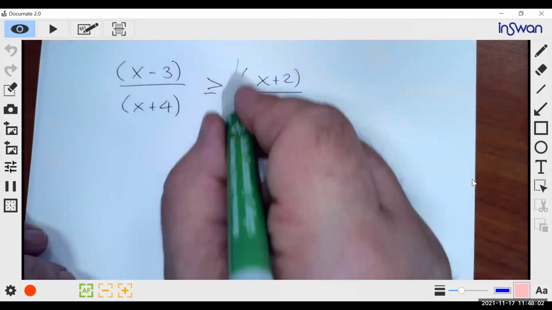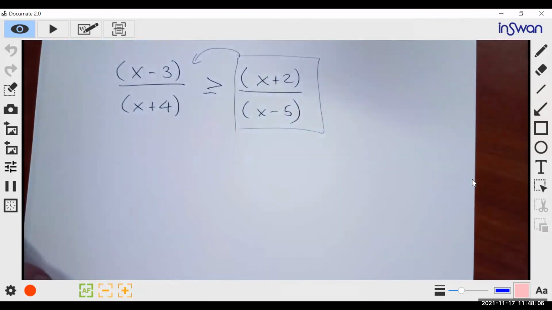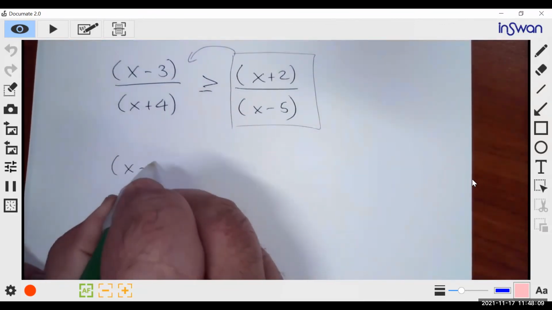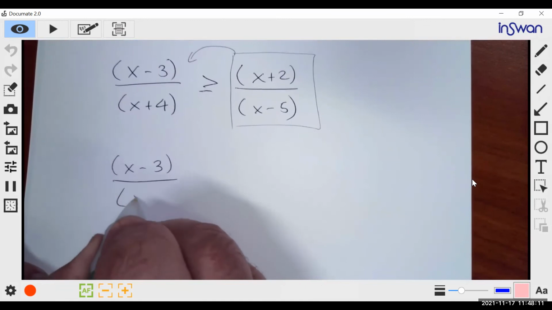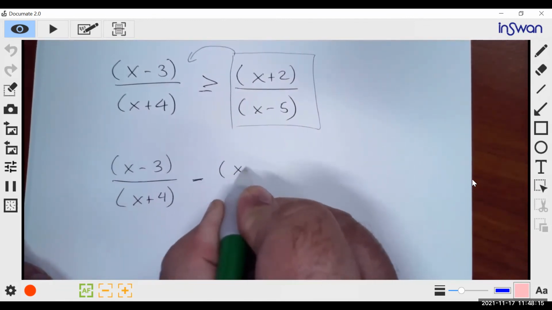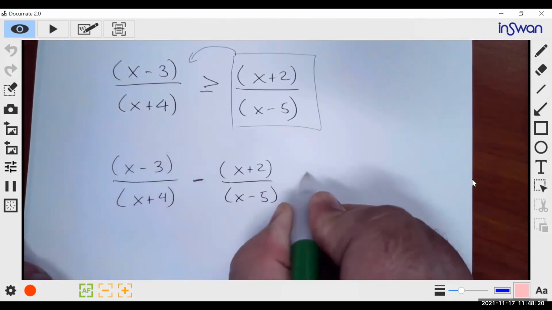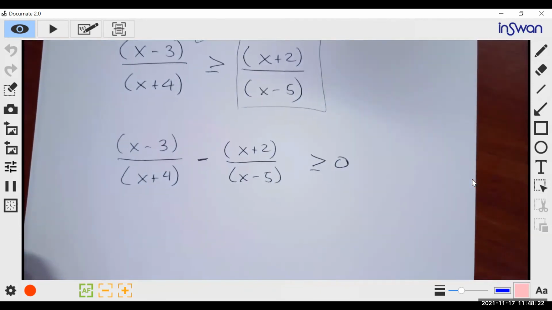So let's move this whole equation over there. How do we do that? Yeah, just subtract the whole thing. Minus x plus 2 over x minus 5 is greater than or equal to 0.